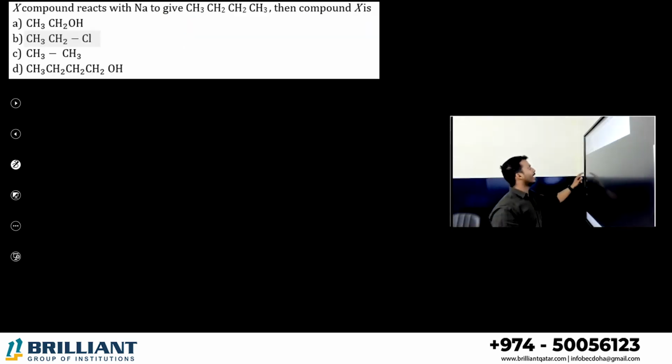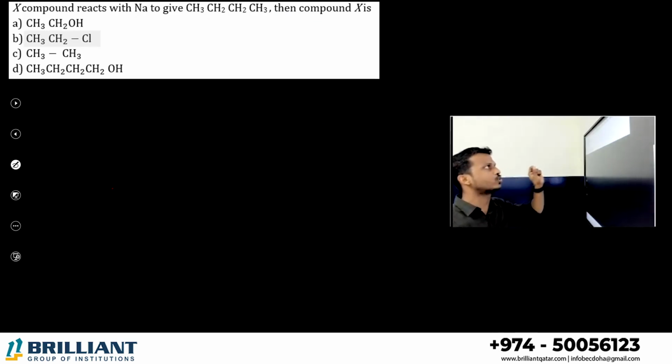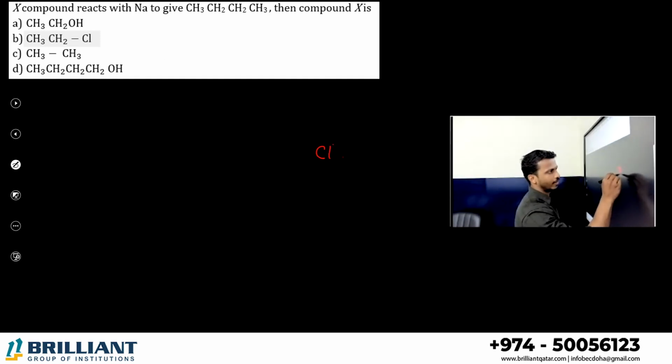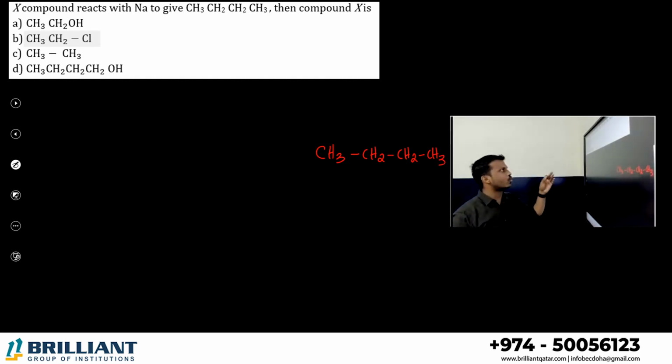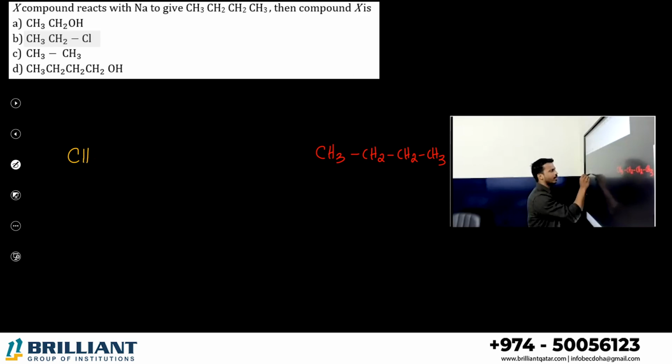Compound X reacts with sodium to give CH3, CH2, CH2, CH3. What is compound X? What is the product? Butane. This is your product. Compound X reacts with sodium. Sodium means which reaction? It will be Wood's reaction, right? So what compound do you want to take?